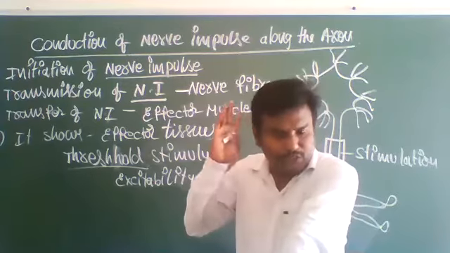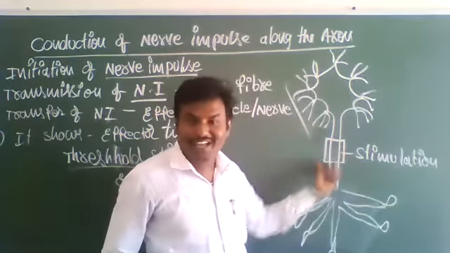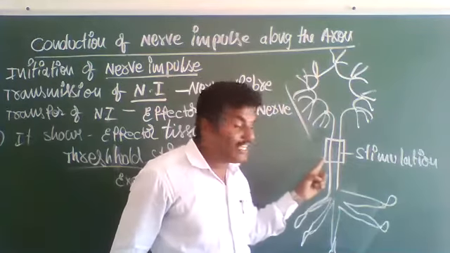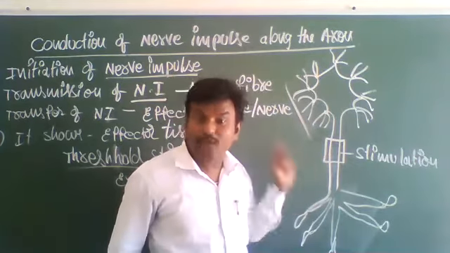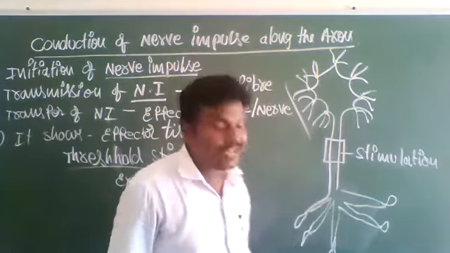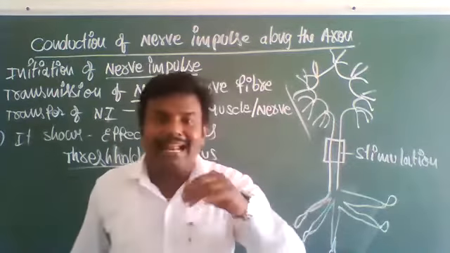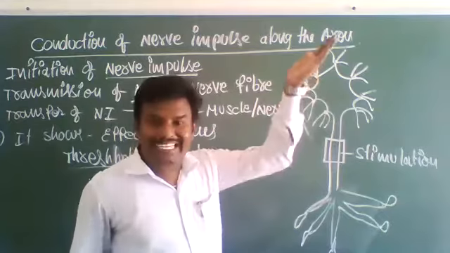When we apply a threshold stimulus, that is called stimulation of the nerve. When stimulation is given to the nerve, what happens at this particular place on the nerve? This is the axon.